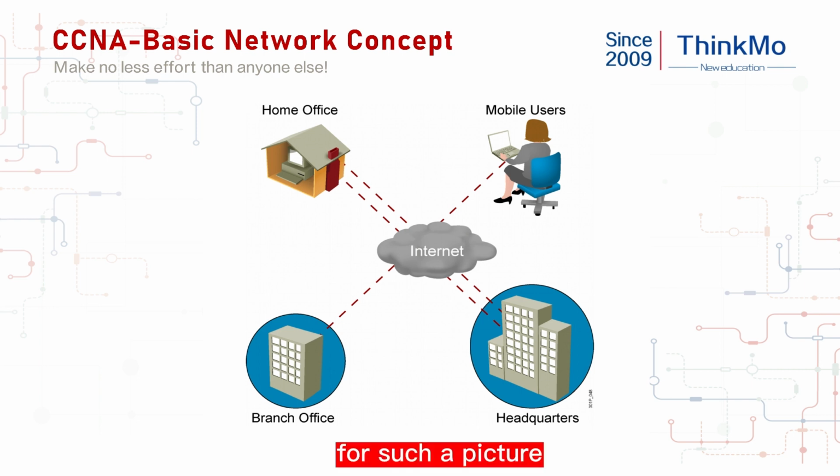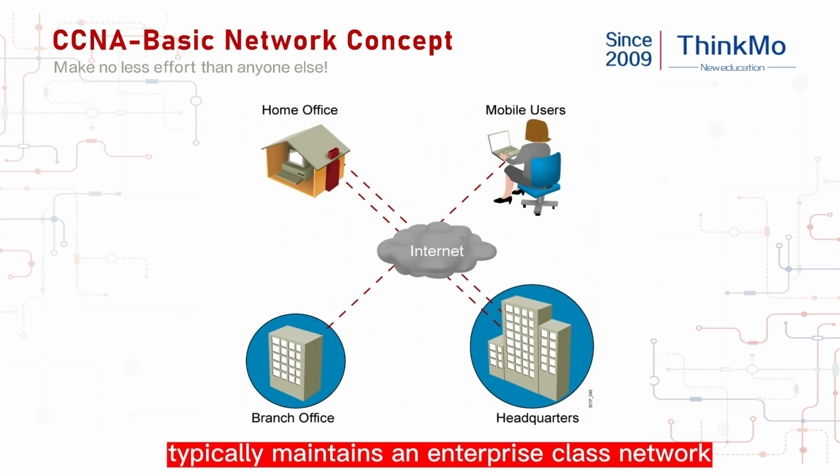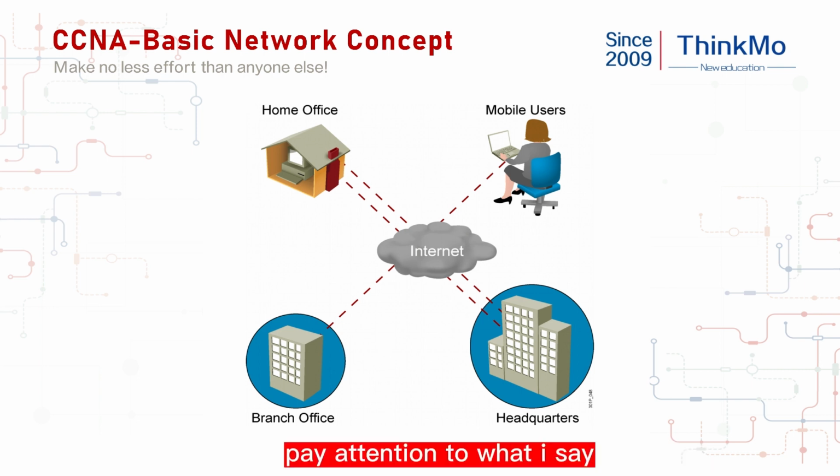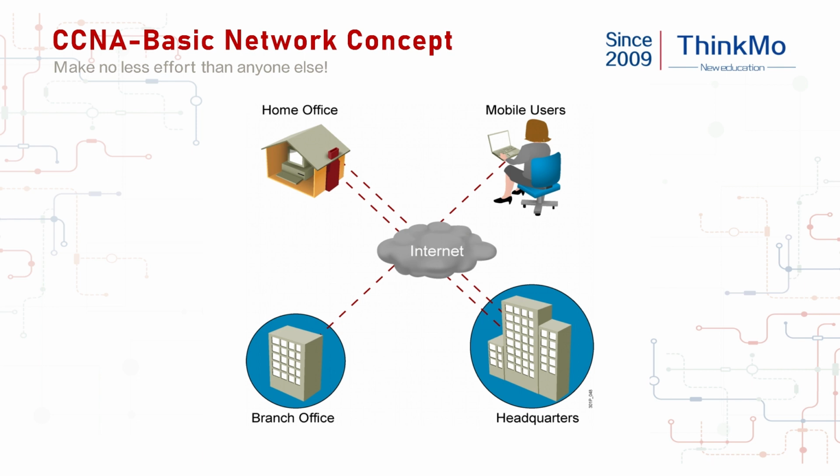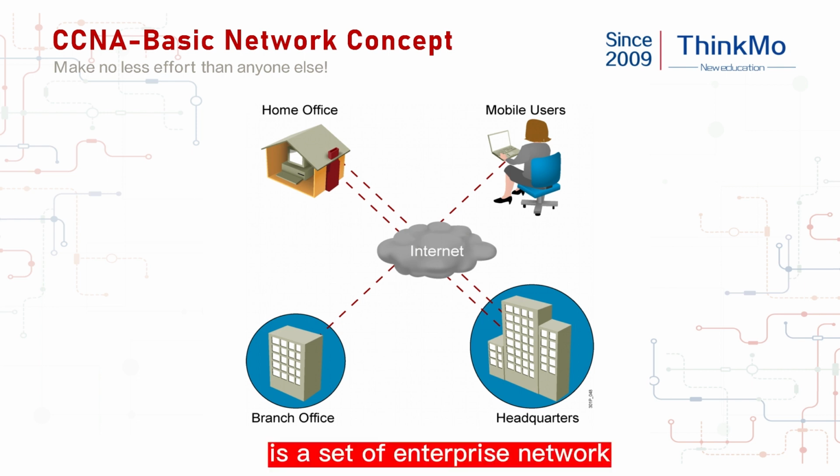For such a picture, in the future everyone will maintain the network. More typically we maintain an enterprise class network. Pay attention to what I say: we maintain an enterprise class network. To be honest, the very beginning of our maintenance is a set of enterprise network.